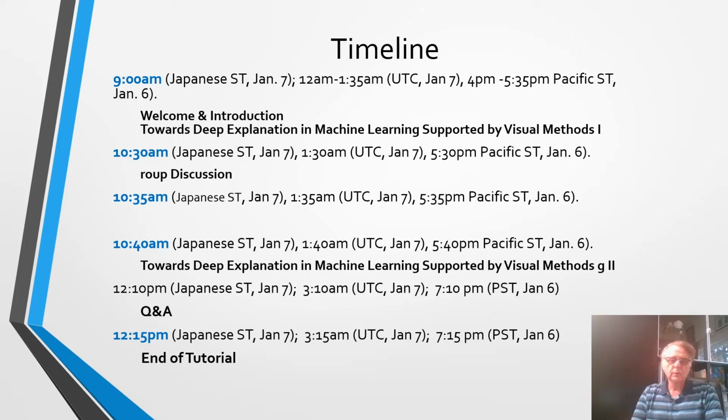Then we will have a few more minutes for discussion and 5 minutes for break. And then at 10:40 Japanese time, we will start our next part, and again we will run it for 30 minutes. Then we will have time for questions and answers, and we'll close at 12:15 Japanese time.